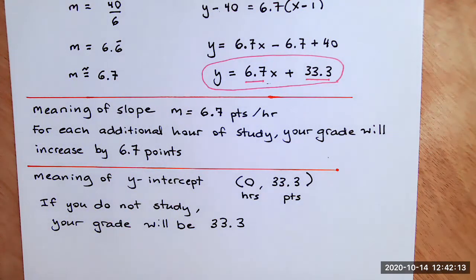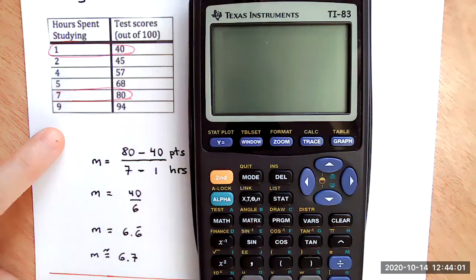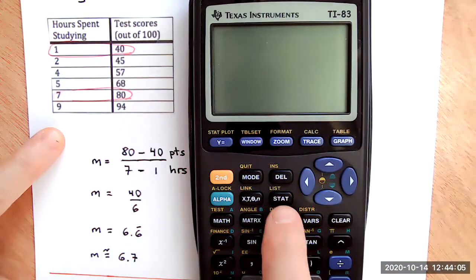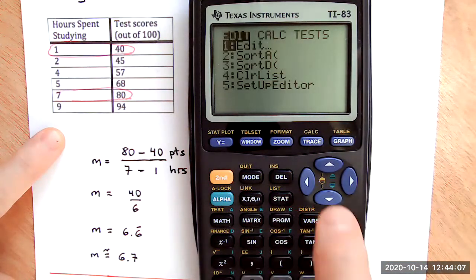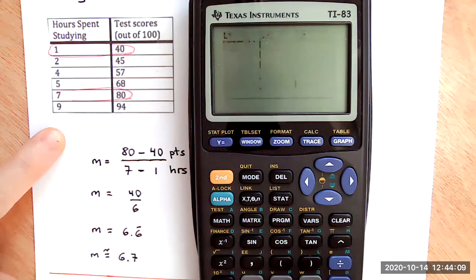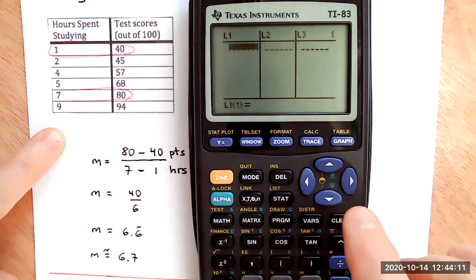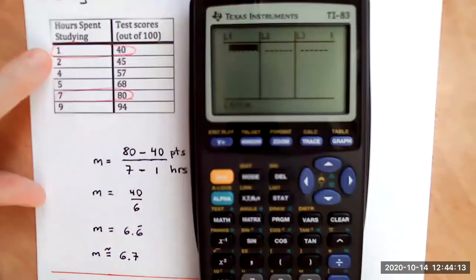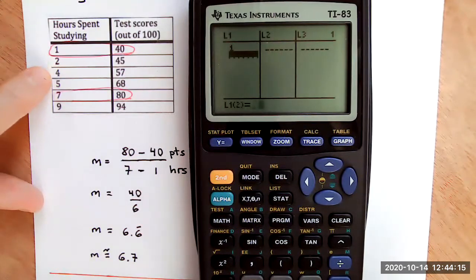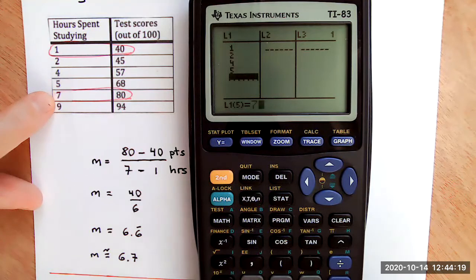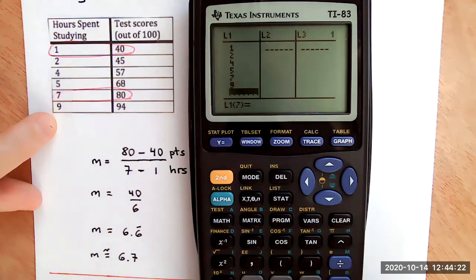All right, now I'll show you how to do it with a calculator. On the TI-83, you can hit Stat and then number 1 for Edit. Then for list number 1, it's 1, 2, 4, 5, 7, 9.